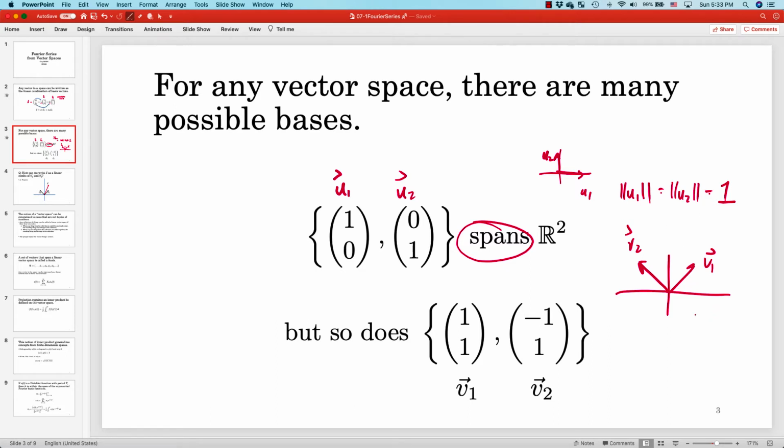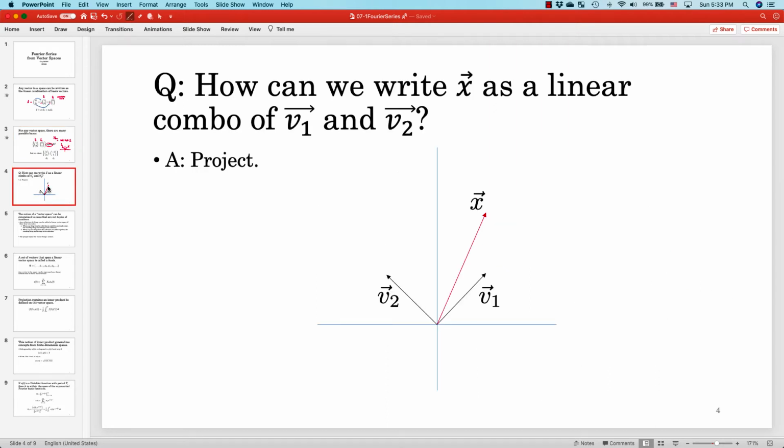Okay, so v1 and v2 also span the space. And so the relevant question, I think, is if we don't have a quote-unquote nice basis, how can we express any vector x in the space as a linear combination of v1 and v2? How do we get the scaling factors?